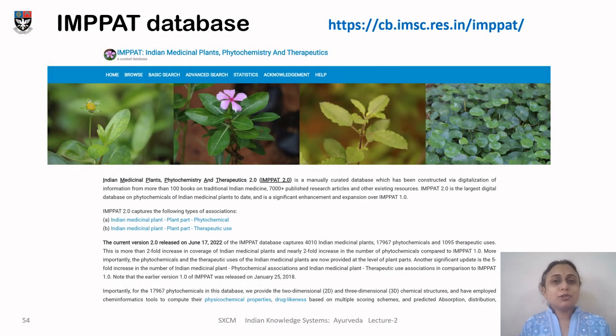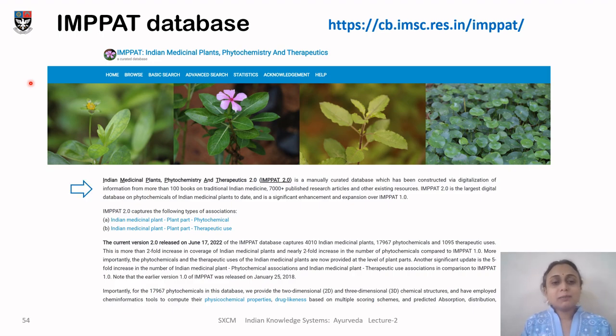Where do we get the information to create all these interaction maps? One of the databases that has its creation in India is the IMPACT database, which has been curated at the Indian Institute of Mathematical Sciences at Chennai. The name IMPACT stands for Indian Medicinal Plants, Phytochemistry and Therapeutics. This database is a compendium of information on all possible Indian medicinal plants and their usages, the chemicals that are present in these plants that are known to us through scientific research.